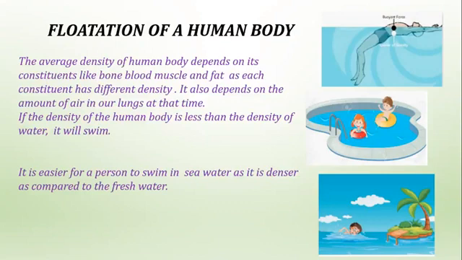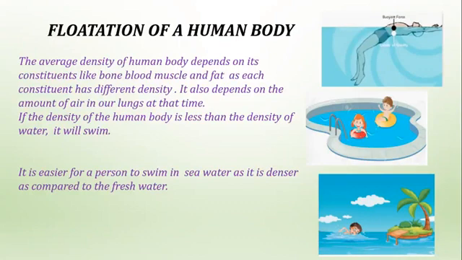So when a good swimmer floats, he fills his lungs with air and keeps his nose and mouth just above the surface of water, and he keeps on displacing water. So the weight of the water displaced by him is nearly equal to his own weight. Thus he swims with very little effort.